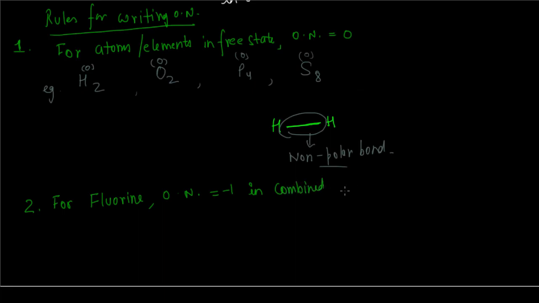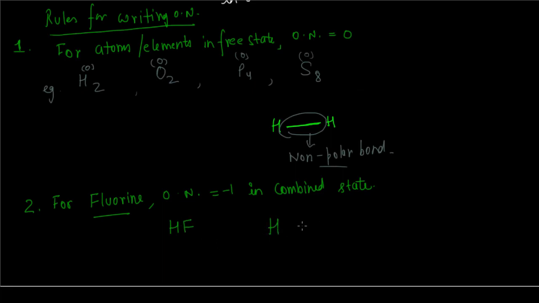In combined state. So whenever fluorine is present in a compound with another atom of different electronegativity, the oxidation number of fluorine will be -1. If it's F2, it is still 0, because here also the fluorine-fluorine bond is non-polar, electronegativities are the same. But in combined state, fluorine will always have -1 oxidation state. For example, HF, hydrogen fluoride.